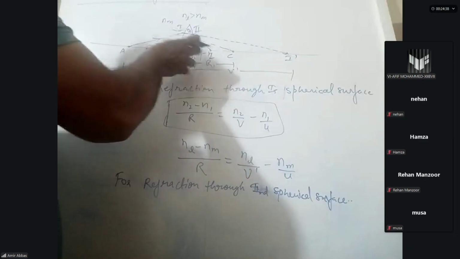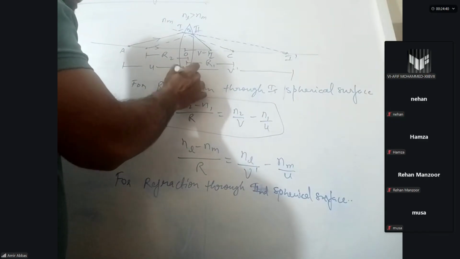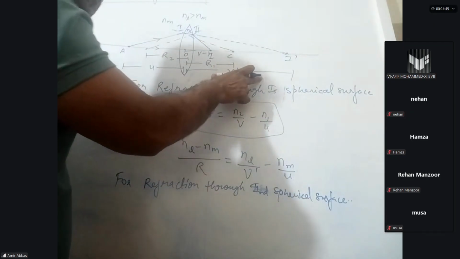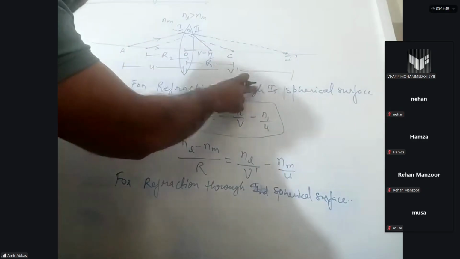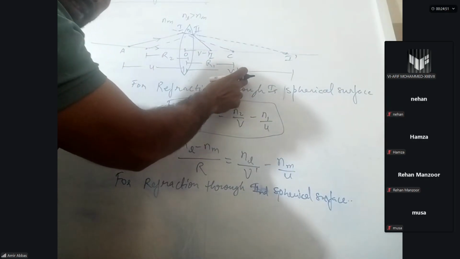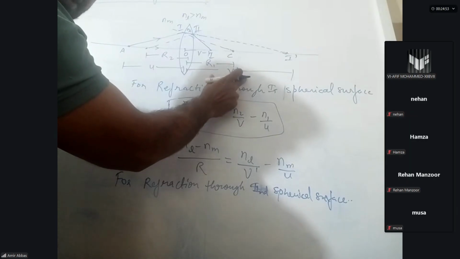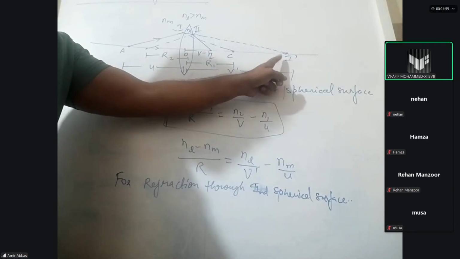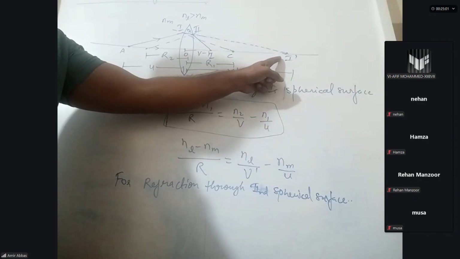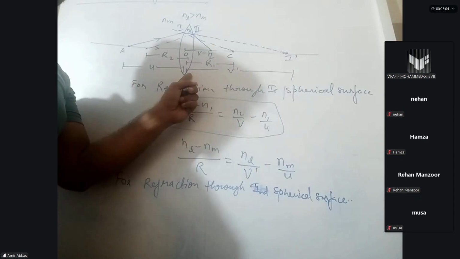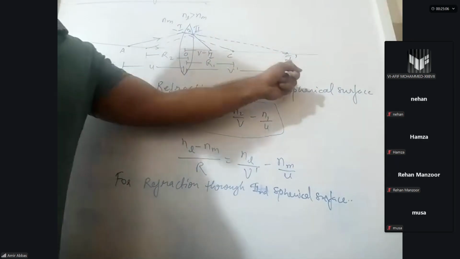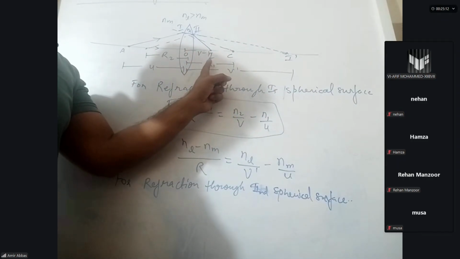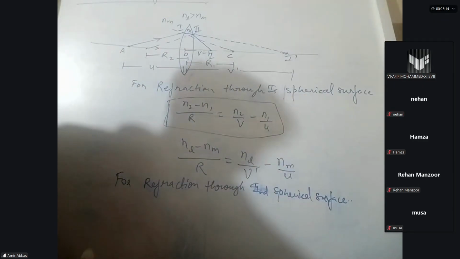If you see for the second spherical surface, this I dash acts as an object. So V dash will be taken as the object distance. Can we take V dash as an object distance over here? This I dash is like an object for this curved surface, and the image for that is being formed at this point. Have you got this? Now what can we write?